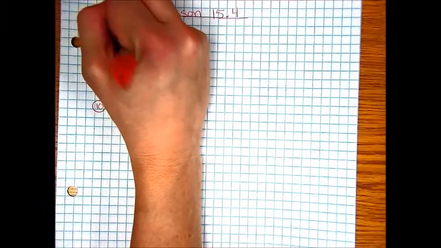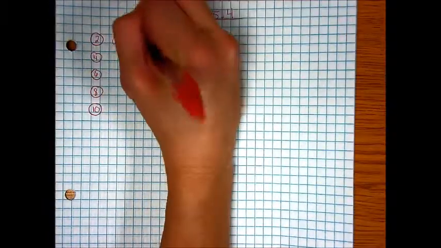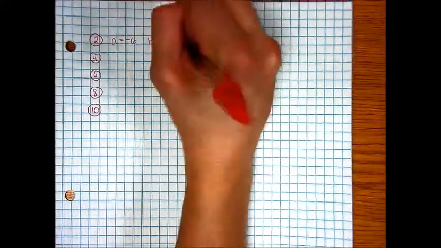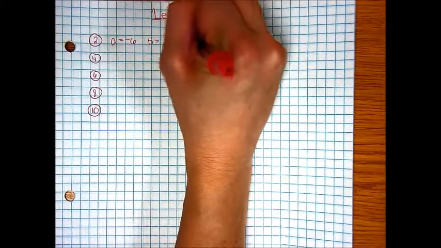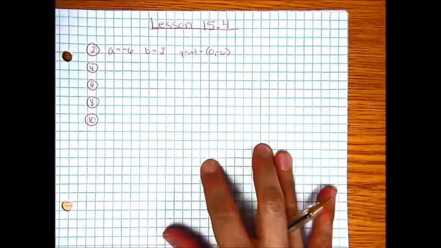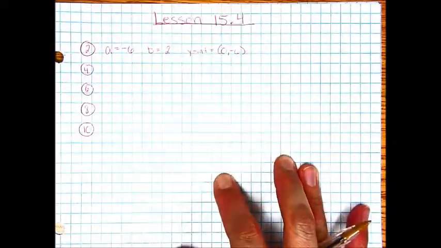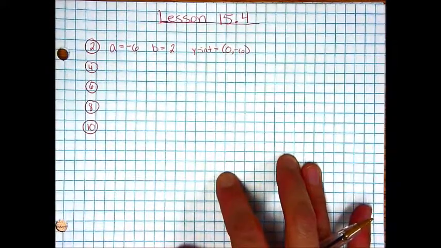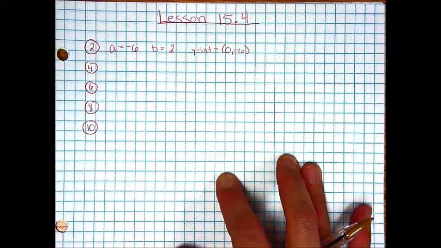A is negative 6. B is 2. Y-intercept equals 0, negative 6. That's what you're doing on 2 through 8. So there should be zero problem. Those should take you no work, no space. Just write the answers down.